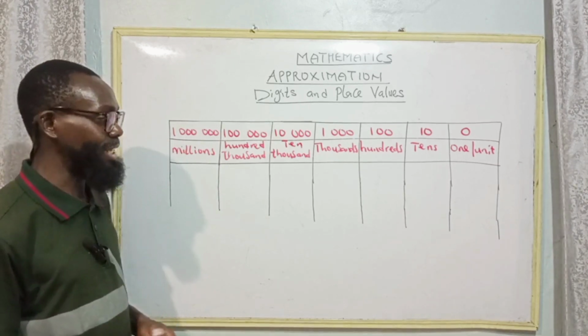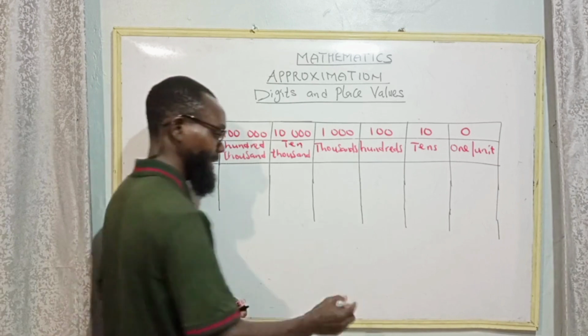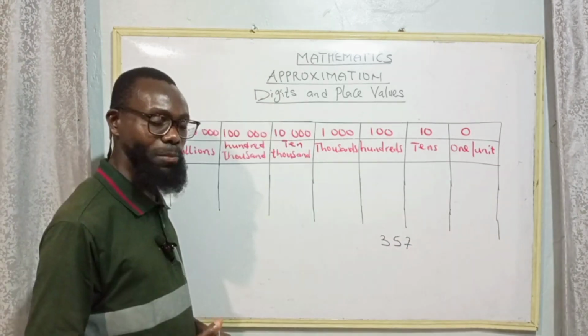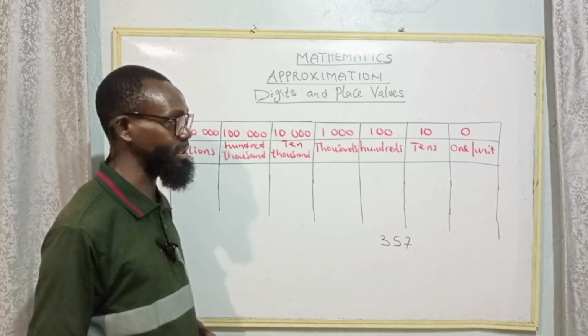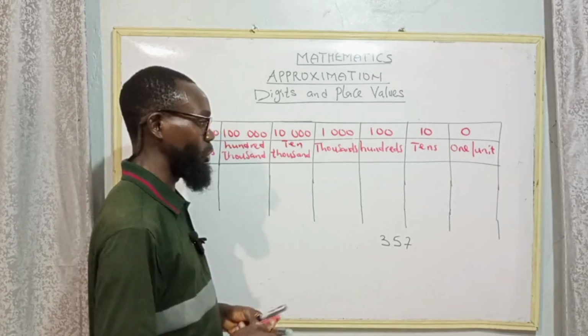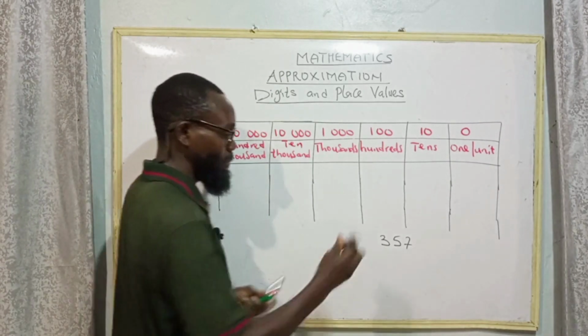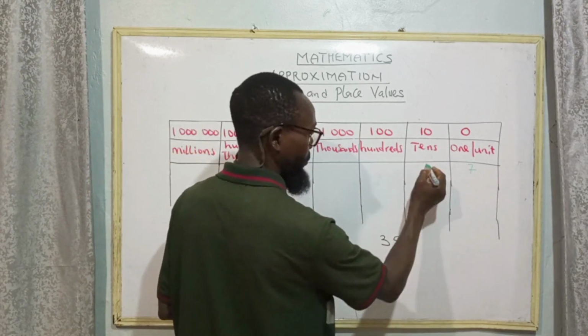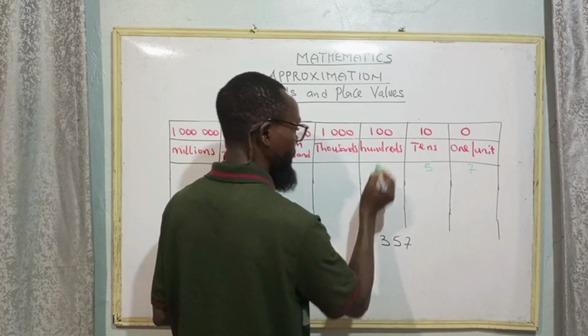Okay, let's say we are given something like this, 357. We want to find the place value of each of these digits. So let us input this here. We have 7, 5, 3.